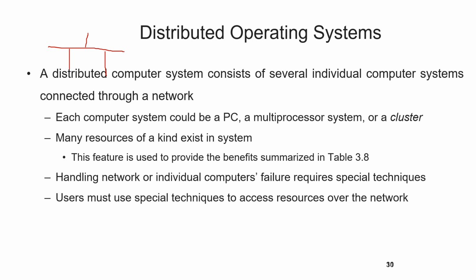And to use the resource, if one computer system fails in execution, immediately that particular operation will be switched to another computer system for execution. Switching from one to another also requires special techniques to access the kinds of resources over the network.